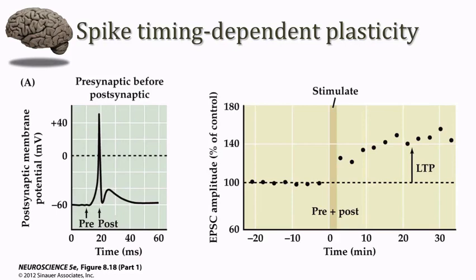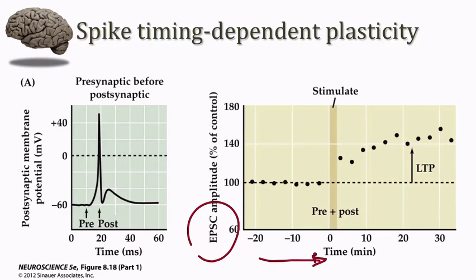And so that's what's being shown here in this recording. We have excitatory postsynaptic current amplitude on the y-axis and time on the x-axis relative to some structured stimulation between the pre and the postsynaptic element.